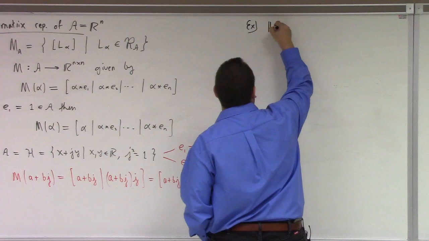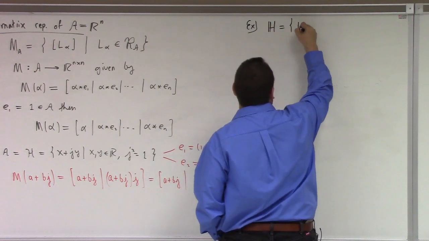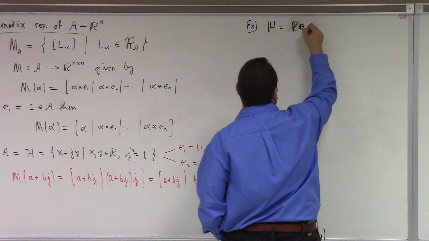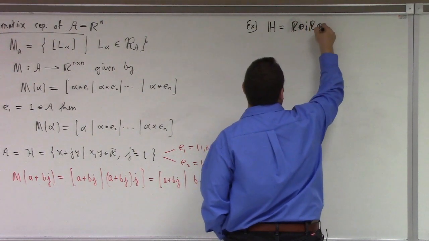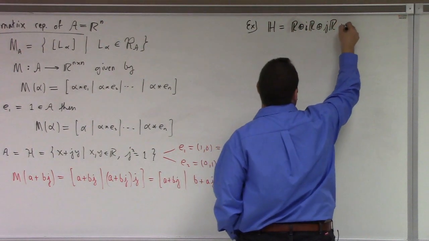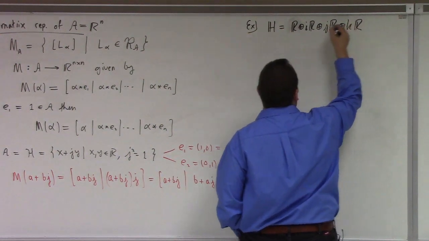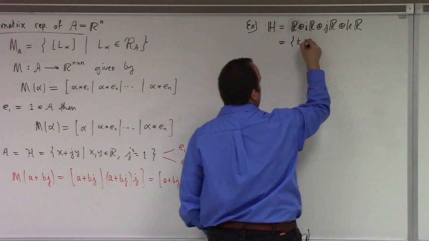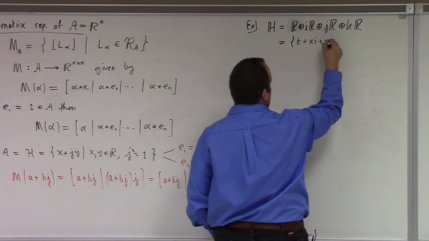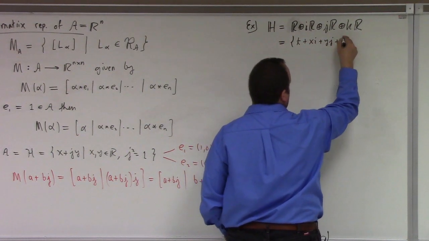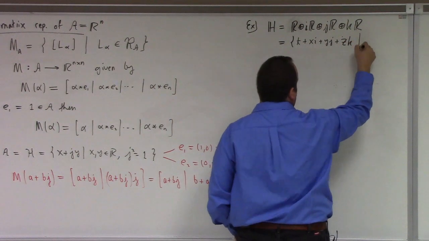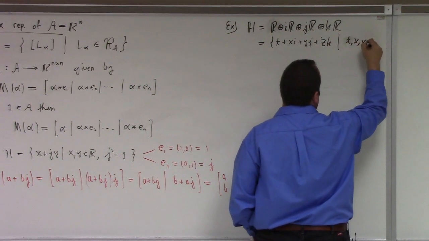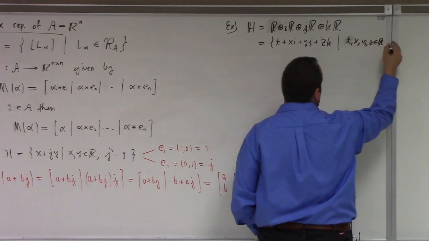Quaternions are, well, here's a way I could write it. I could say it's R direct sum iR direct sum jR direct sum kR. And all this notation means, guys, is it's something of the form t plus xi plus yj plus zk such that t, x, y, z are real numbers.